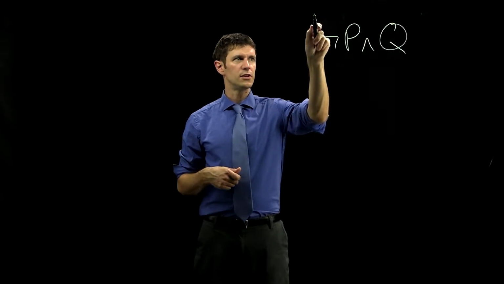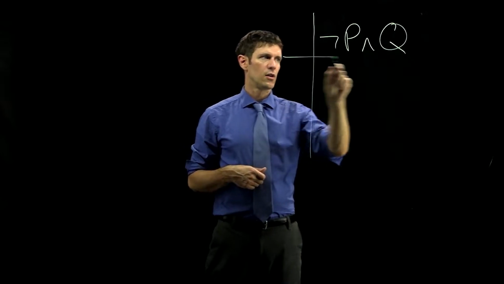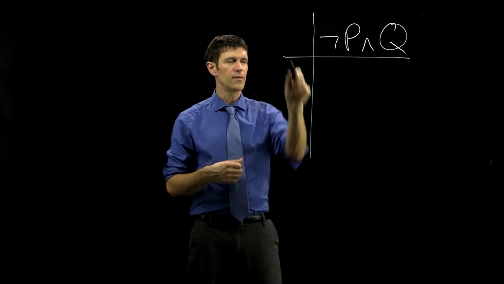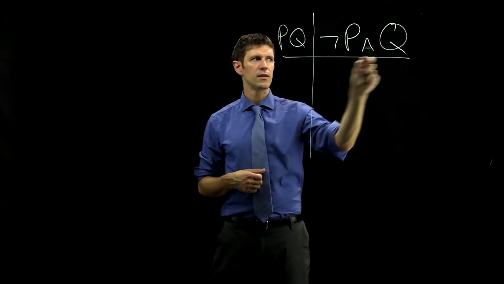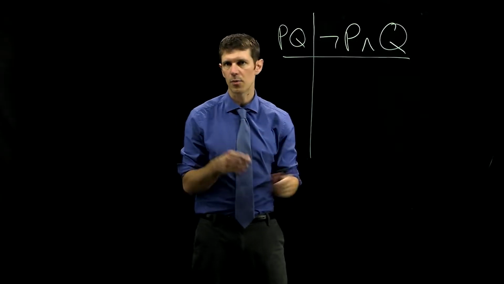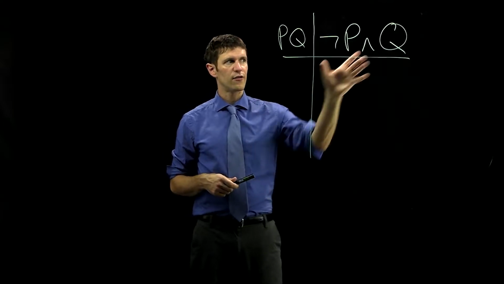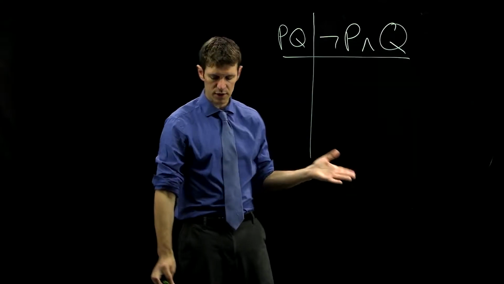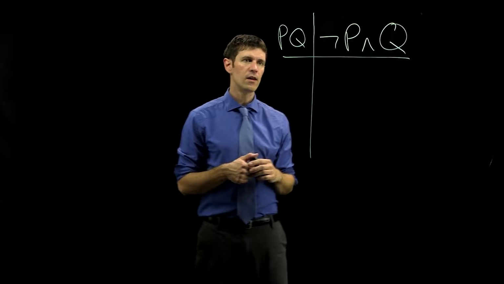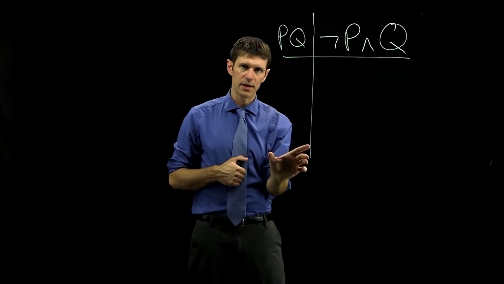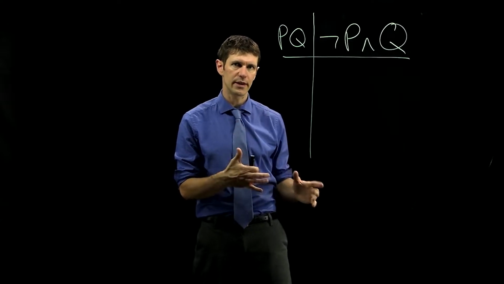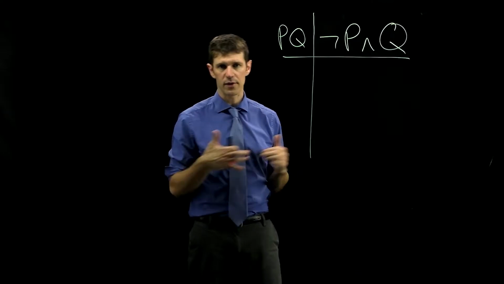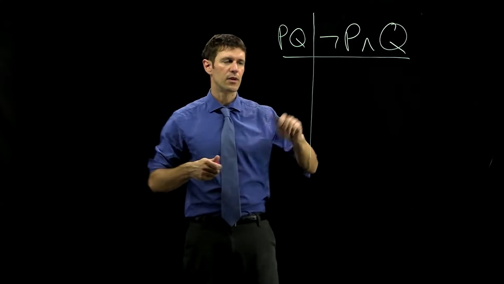So what we'll need to do is create a table and write P over here and Q over here. So we have P, Q, and we're going to just rewrite any of the propositional letters that are found in the formula we want to construct the table for. The next thing to do is, in these columns under P and Q, to write every combination of truth value that can be assigned to P and Q. So let me do that.